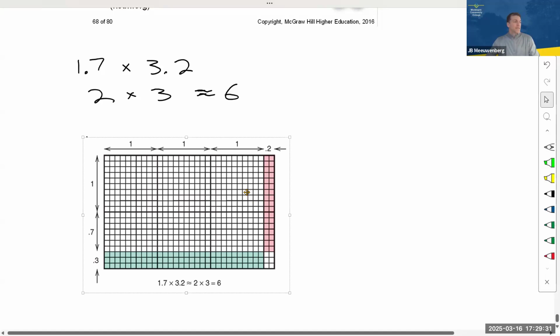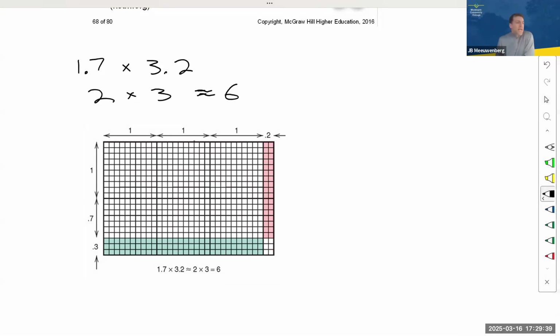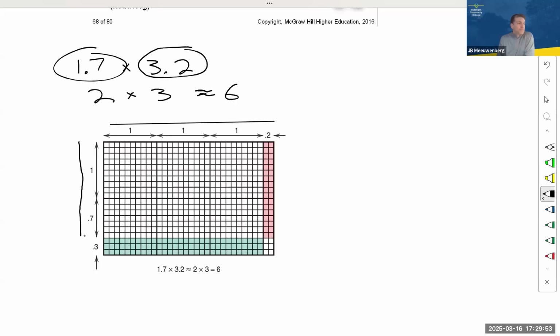And so here is a visual of how our rounding affected the actual answer. Across the top, we have 1, 2, 3.2. So this number 3.2 is illustrated across the top of our diagram. 1.7 is illustrated along the side. And when we rounded, what we did was we changed 3.2 into 3, which is essentially eliminating all of this stuff.